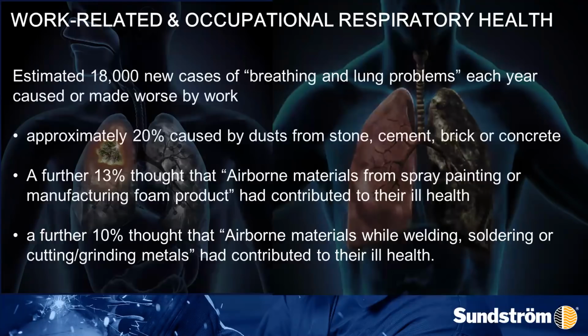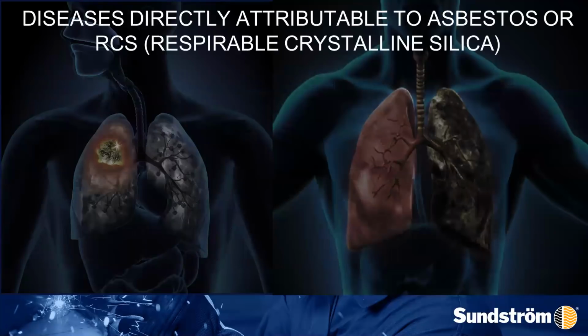And within that, about 40% are things that could directly be attributed to construction. So whether that's dust from stones and cement, airborne materials from spray painting, such as isocyanate, or airborne materials from welding and soldering, all of these things will contribute to potential respiratory diseases.